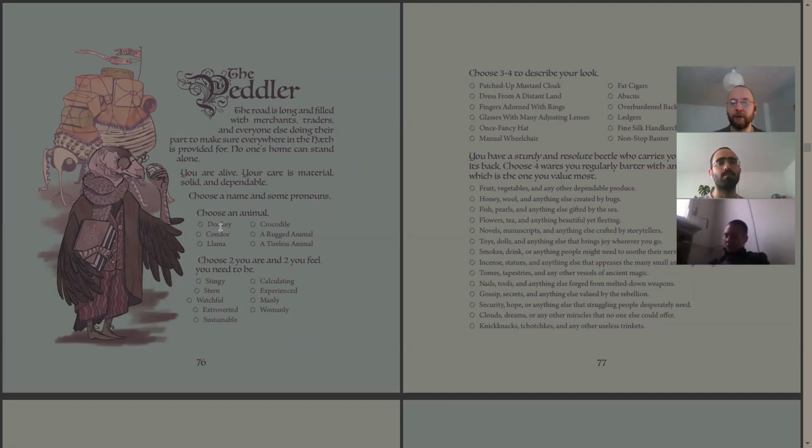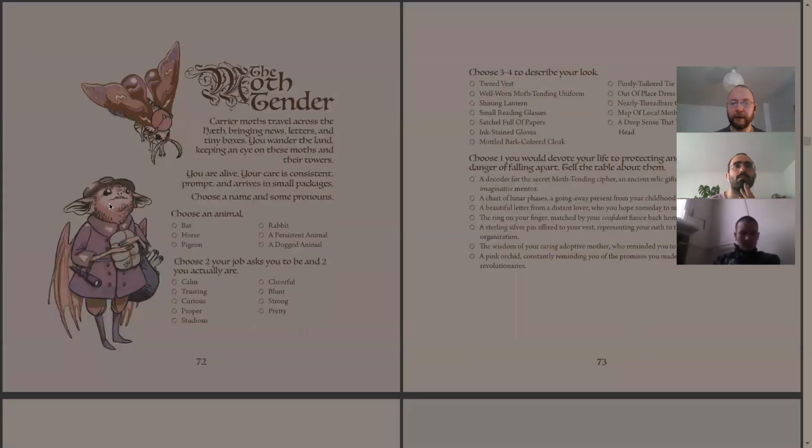You choose an animal, because everything is an animal in this game. You choose two you are and two you feel you need to be. These are differently described for different players, like here: choose two your job asks you to be, and two you actually are.